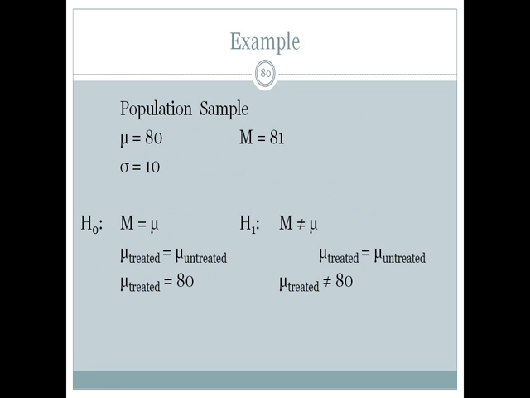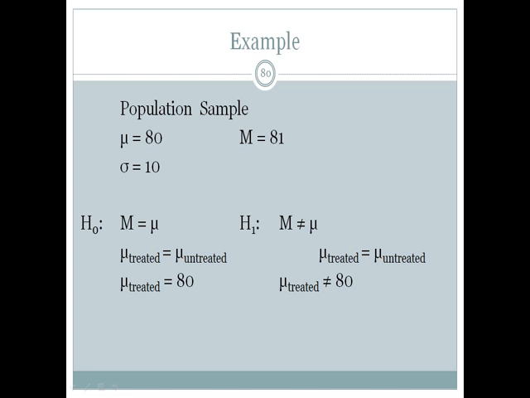So does this sample provide evidence of a statistically significant treatment effect? If we find a difference of 1 and we have a large enough sample, we could perform a hypothesis test and it would show that there is a significant difference between 80 and 81. So although that could be statistically significant, does that mean that that effect is meaningful? Not necessarily.